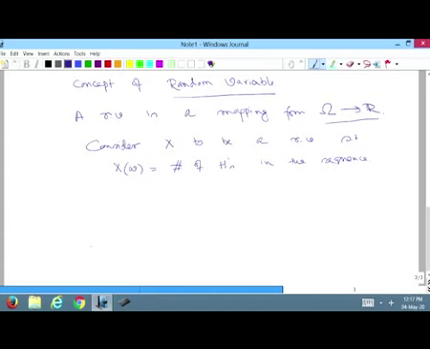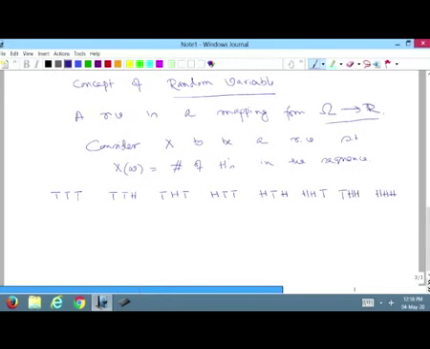Since we have these 8 sequences, TTT, TTH, THT, HTT, HHT, HTH, THH, and HHH, these are my omegas.